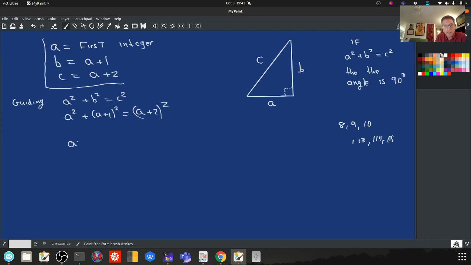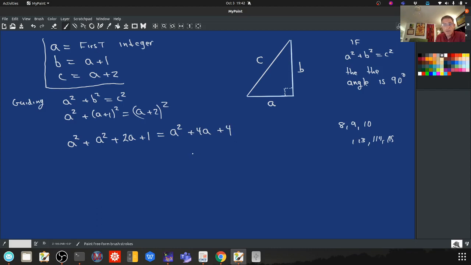So this is A squared plus A plus 1 squared, which is A squared plus 2 times A times 1 plus 1 squared, which is 1. Here again, I'm using the special products formula for squaring. On the right, this is A squared, then I multiply 2 times A, which is 2A, then times 2, and then I square 2, which is 4.